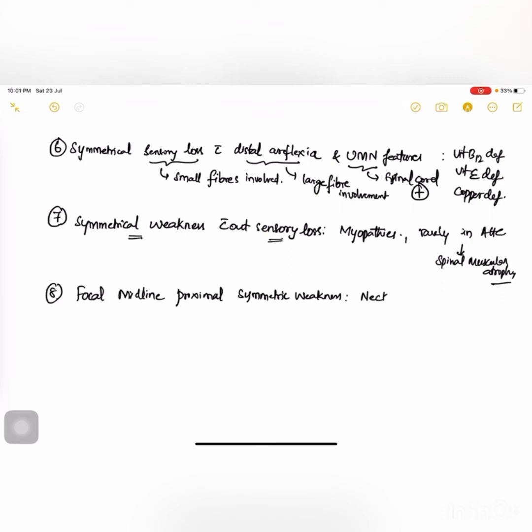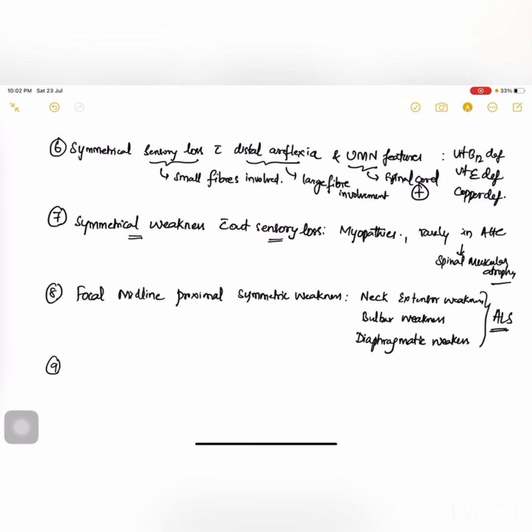It can be neck extensor weakness, bulbar weakness or diaphragmatic weakness. Which is seen in ALS, amyotrophic lateral sclerosis.